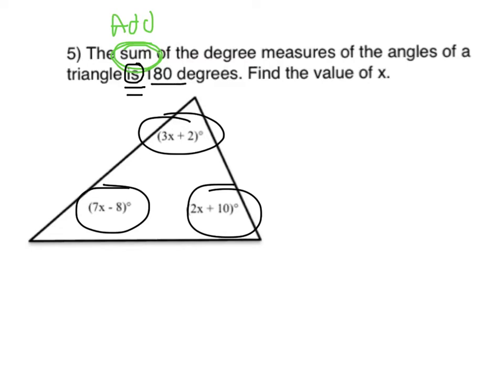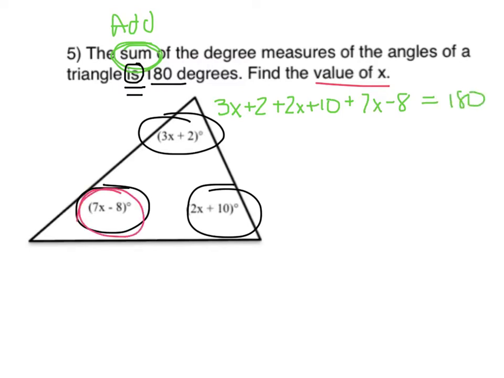So we can actually write out our problem, because we want to figure out what x is. So I'm going to write 3x plus 2 plus 2x plus 10 plus 7x minus 8 is supposed to be equal to 180.